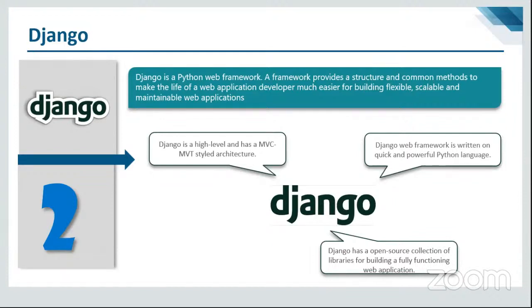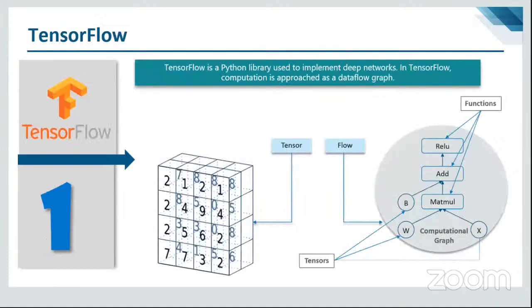Next but not the least is your TensorFlow. For all our deep learning approaches, we use TensorFlow. TensorFlow is a library which is built by Google. It works on a multi-dimensional data flow approach.